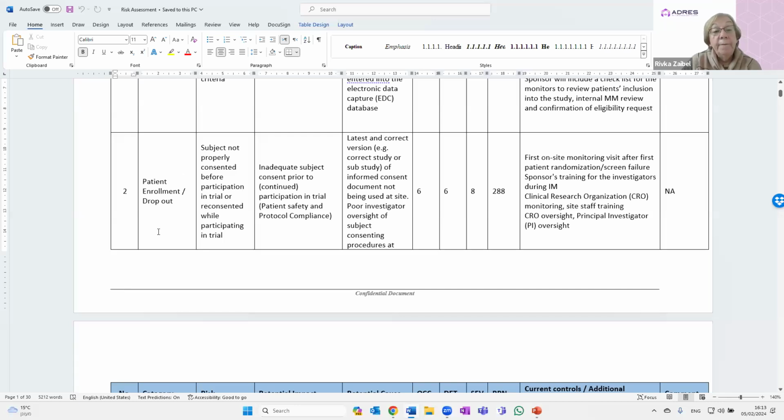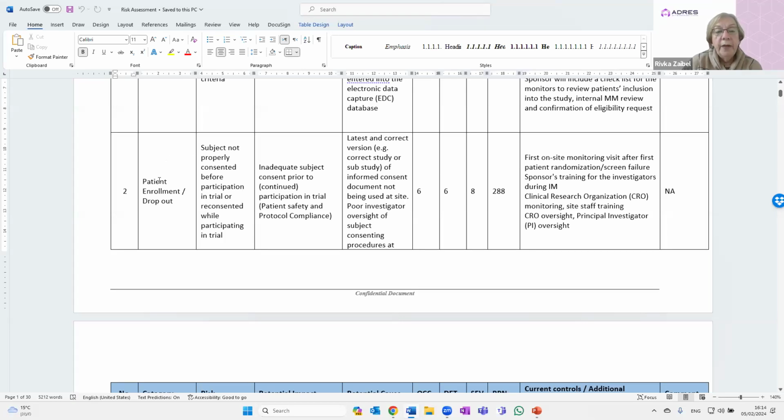With our clients. Yeah. Another category is patient enrollment dropout: subject not properly consented before participation in trial or reconsented while participating in trial, inadequate subject consent prior to participation in trial, latest and correct version of informed consent document not being used at site, poor investigator.